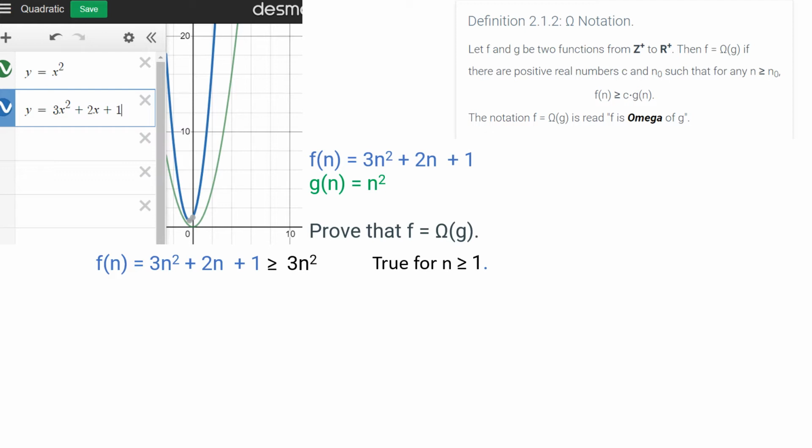If we drop the two extra terms, 2n plus 1, and we just look at this first term, we see that using the first term by itself would be smaller than what we started with, because dropping a 2n, that's positive, dropping a 1, I'm getting just smaller.